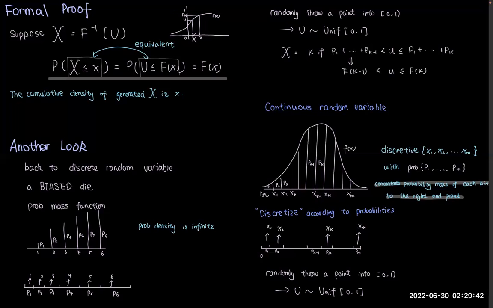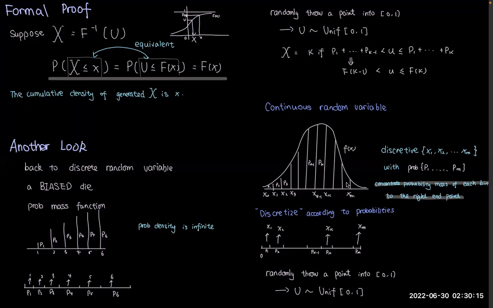Suppose we divide the range of x into equally spaced endpoints x0, x1, x2, until the biggest value xm. Suppose here the tail is so small we can neglect it. Then we have m small bins with probability p1, p2, p3, until pm.